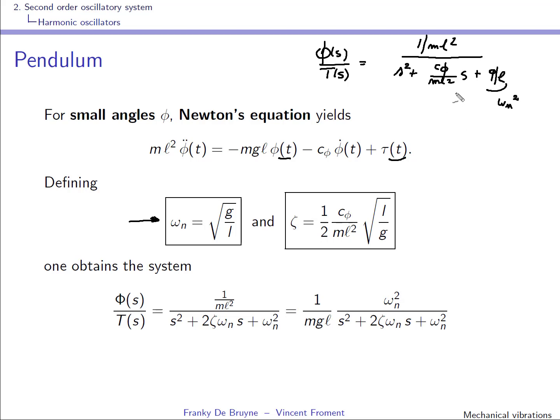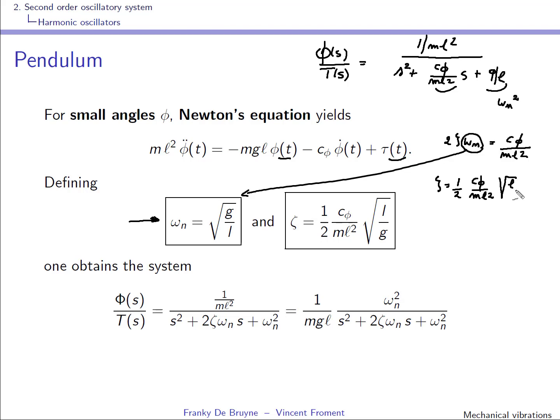And then you have that this term here, you write it down as 2 zeta omega n, and this is c phi over m l squared. You know that zeta is given by this expression here, so zeta is 1/2 c phi over m l squared, and then divided by omega n, and this gives you this expression over here.